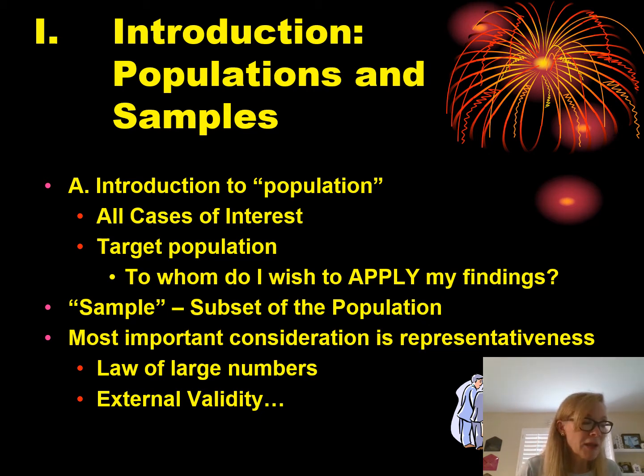Well, that's because the law of large numbers states that the more people you have in your sample, in other words, the larger it is, the more representative it necessarily is going to be, because there's more opportunity to capture all those variations that occur in your target population.